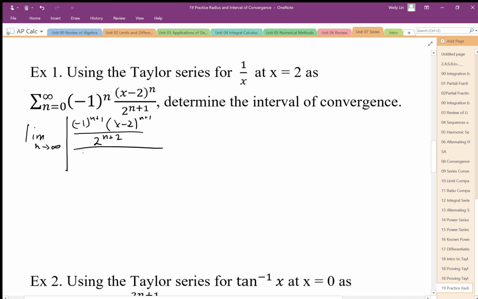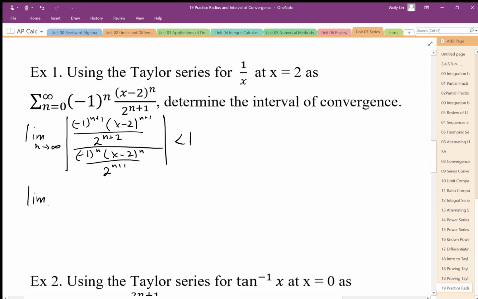Okay, so then we can just put in the rest, the original on the bottom, and so that's 2 to the n plus 1. Then we're going to do the ratio test, see where this is less than 1.